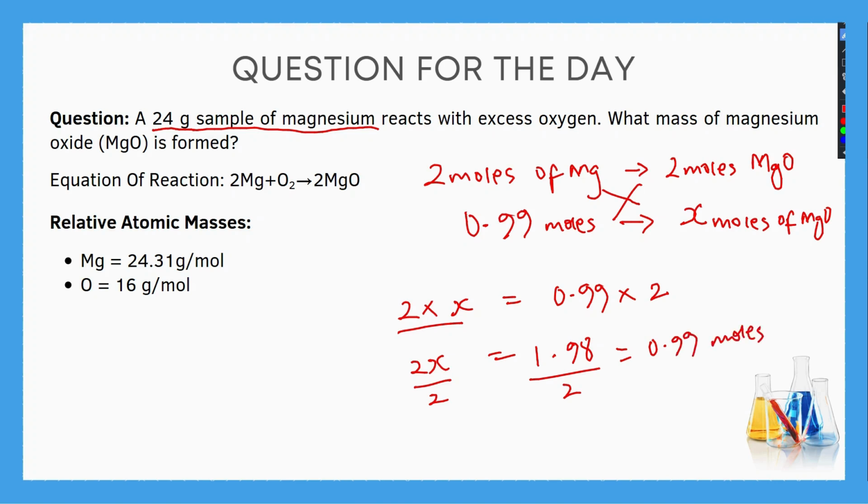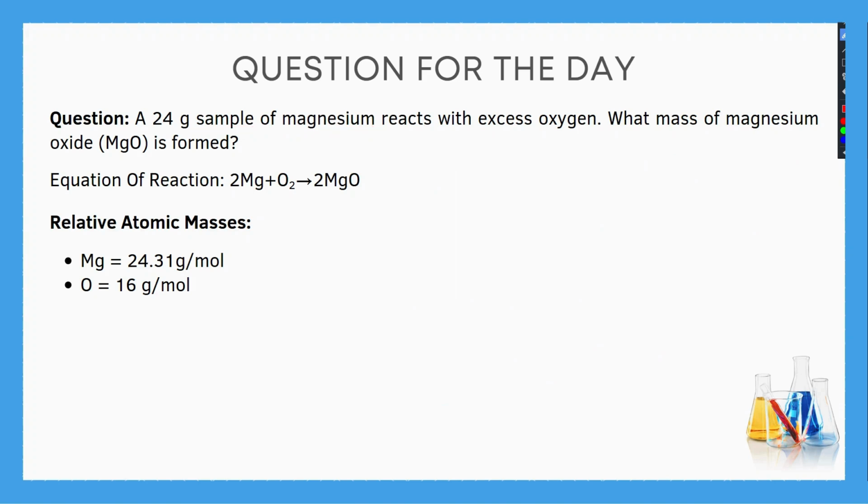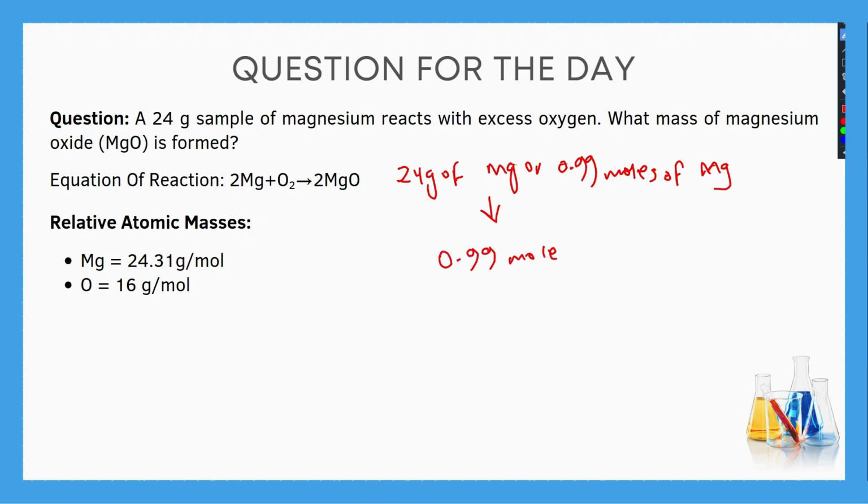So what this tells us is that 24 grams of magnesium, or 0.99 moles of magnesium, produces 0.99 moles of magnesium oxide.